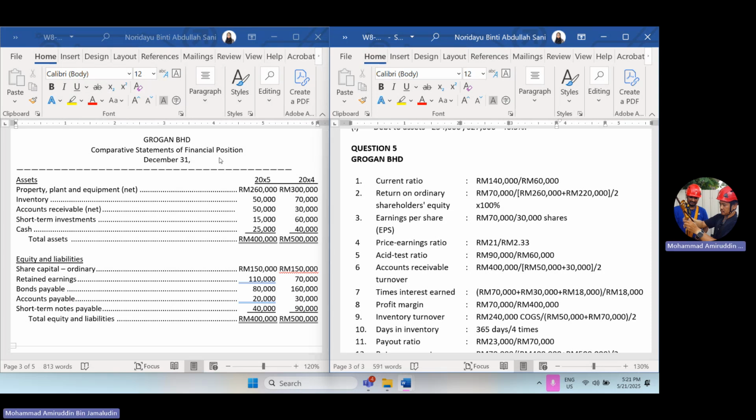The first day I met you all, I said SOFP, statement of financial position, consists of A equals L plus E. And SOPL has only 2 things, which are revenues and expenses. Don't mix up.